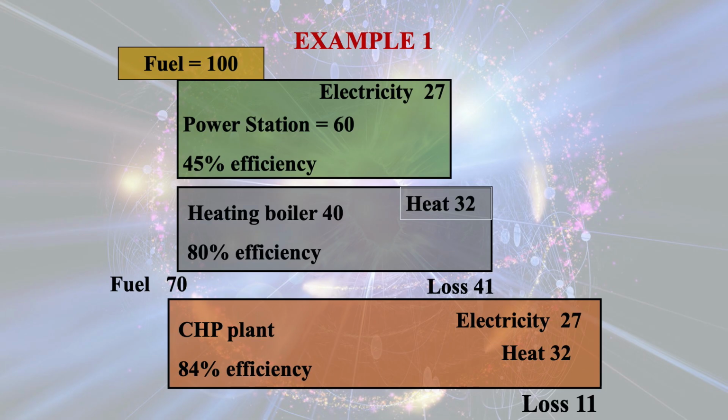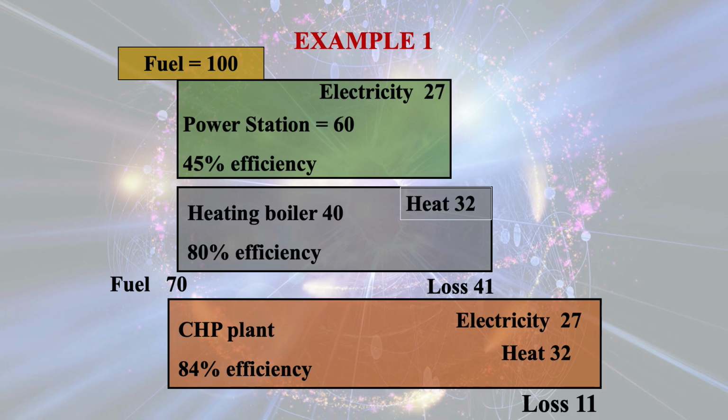But if we utilize a cogeneration plant, combined heat and power plant, in that case, if we want to get as an output 27 unit of energy as electricity and 32 unit of heat, so total is 59.